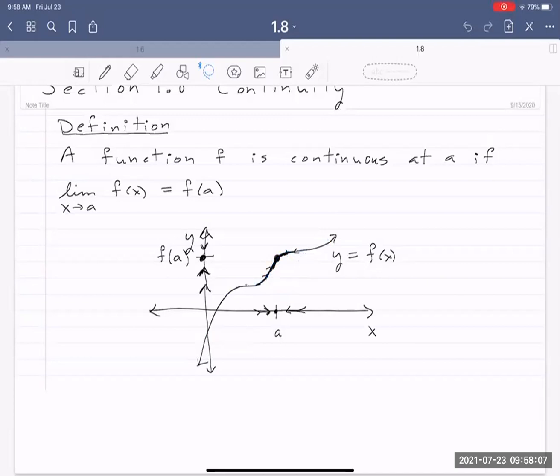So if I can draw this curve without having to lift the pen off of the tablet near x equals a, then f is continuous at a.